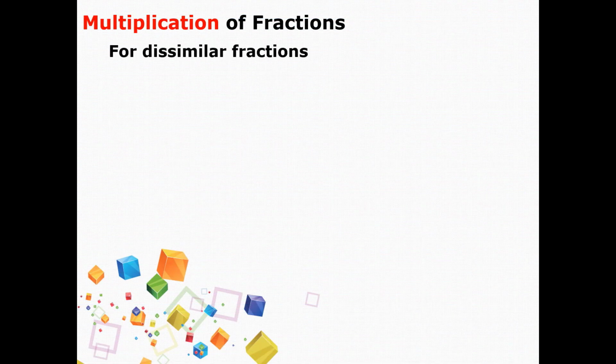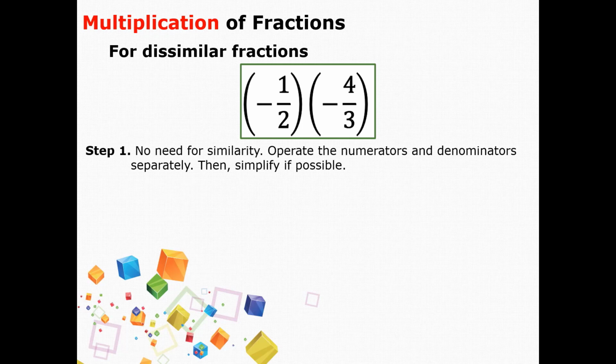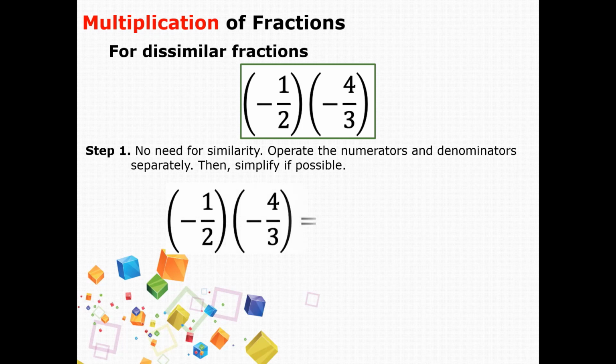Even if the fractions are dissimilar, there is no need to look for the least common denominator, because we are just going to follow the same processes as multiplying numerators and denominators separately. And of course, simplify if necessary.